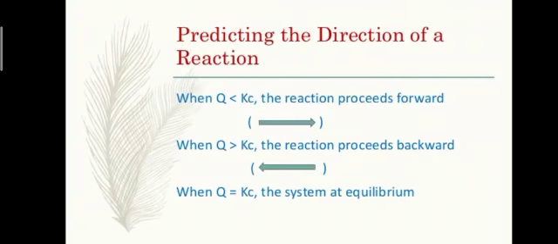The second importance is the extent of the chemical reaction. The extent to which a reaction may proceed can be determined with the help of the equilibrium constant expression, meaning up to which extent a reaction can complete.